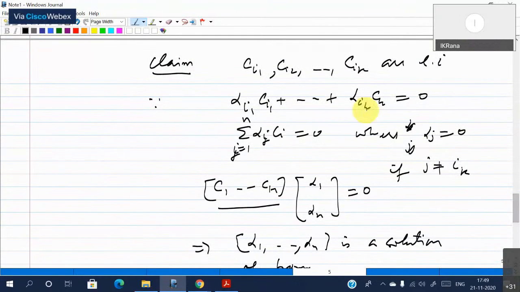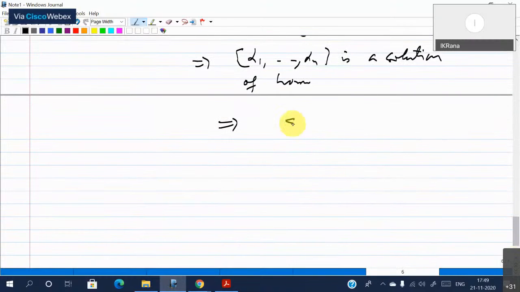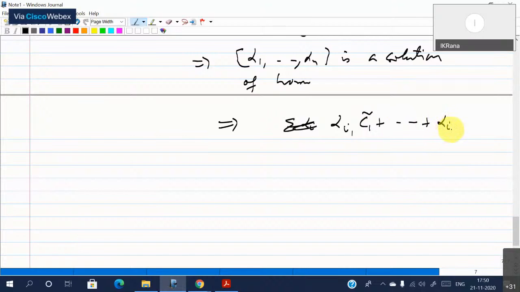So that will say sigma alpha I1 C1 tilde plus alpha Ik Ck tilde, no tilde for alpha, is equal to 0. Because this is a solution for A applied to alpha equal to 0 for the homogeneous system, correspondingly for the row echelon form also that should be a solution.